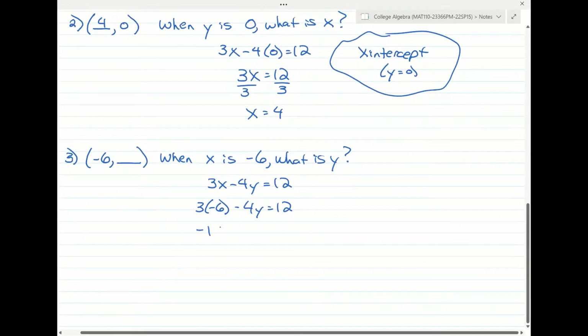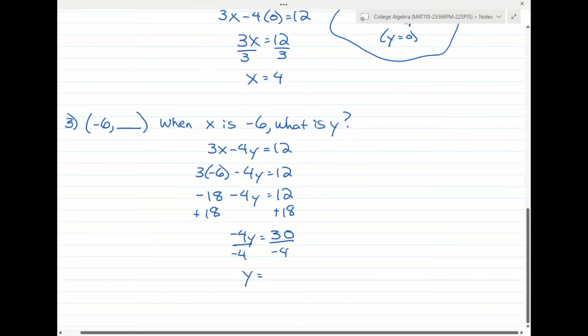So multiply and we get -18. Just add 18 on both sides to try to get y by itself. Divide by -4. Get a fraction that reduces to -15/2. Make sure you have that copied down.